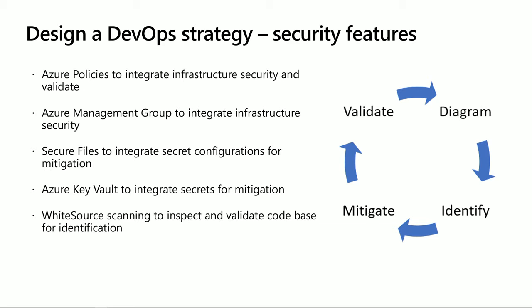In any case, both of those types of policy files have secure information in them, and because they might have sensitive information, you don't want to just put those files in your Git repo. You want to put them in a secure location. Files that have sensitive information don't go in Key Vault. You put them in the secure files component. So when designing the strategy, you just need to think about where things go. If it is usernames and passwords or secrets or certificates or things of that nature, that's what gets stored in Azure Key Vault.